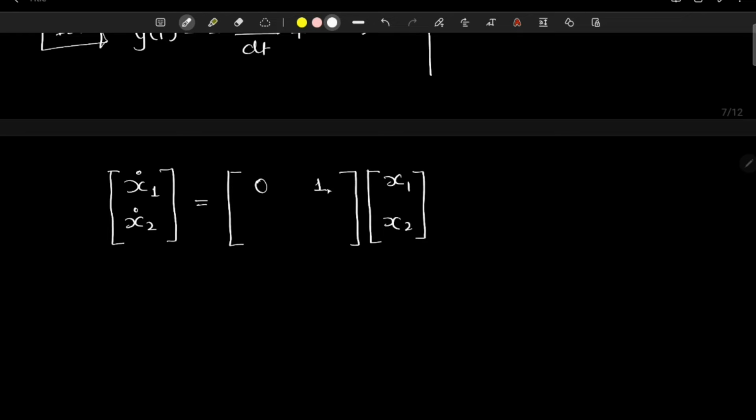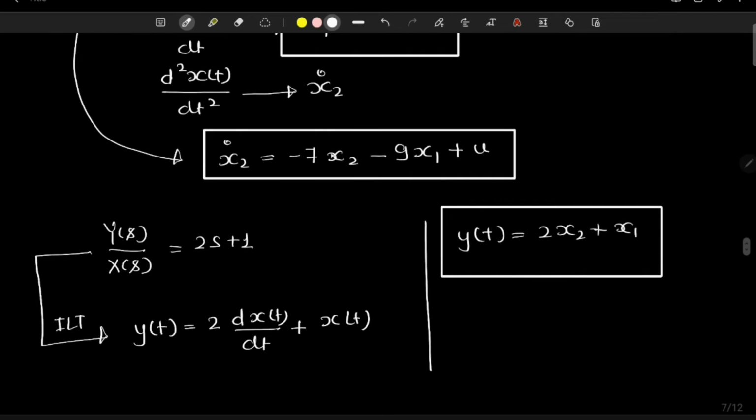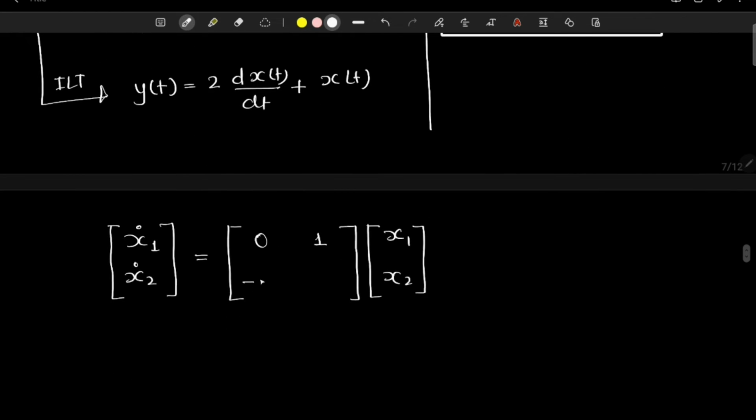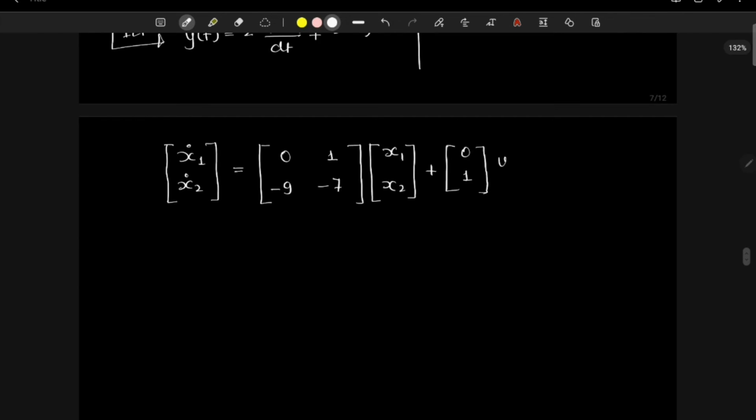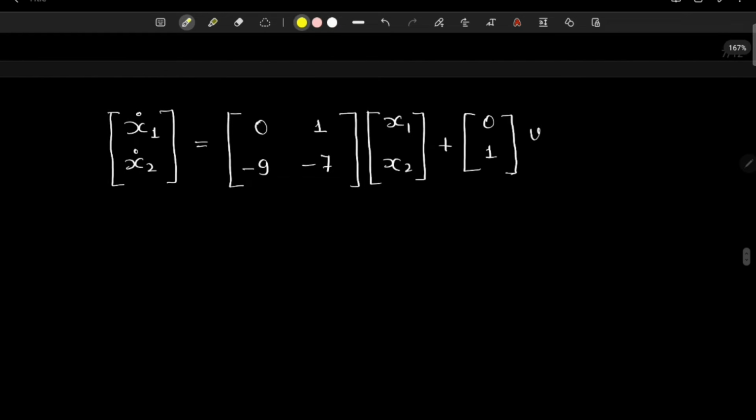And x2 dash is minus 7x2 minus 9x1. So this will be minus 9x1 and minus 7x2, plus 0 1 times u. So we got the values of A and B, right? This is A and this is B.